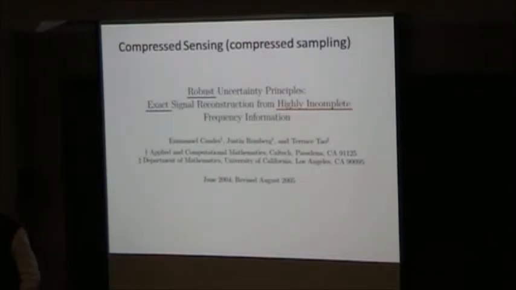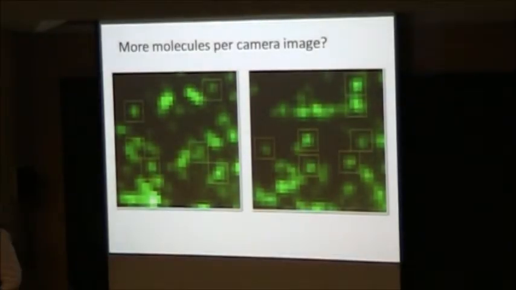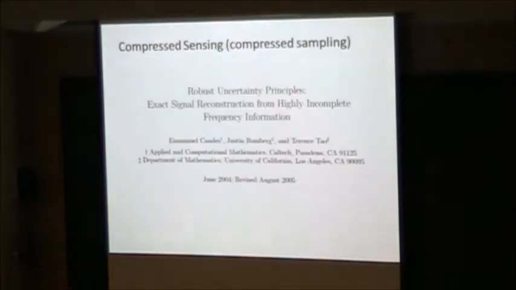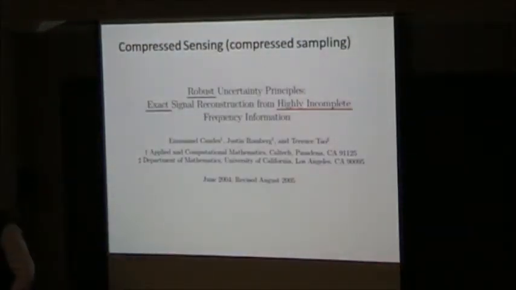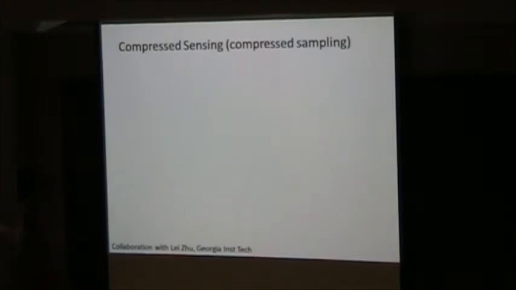And I said, I had this problem. I want to do single molecule localization in these images. He thought for about 3 seconds. He said he's got a solution. And that's compressed sensing, because that's what he's been working on for CT reconstruction. And how can compressed sensing be applied in this case?